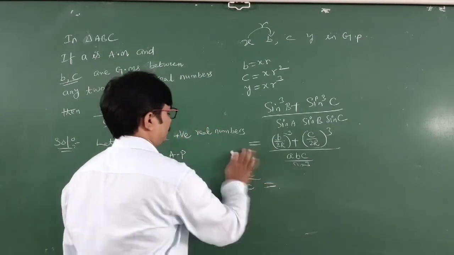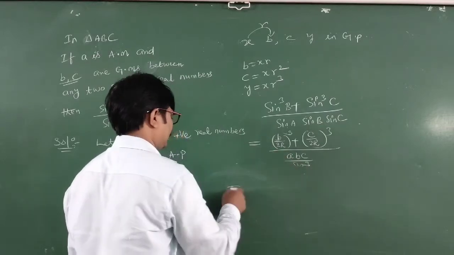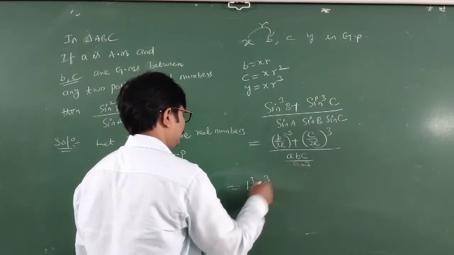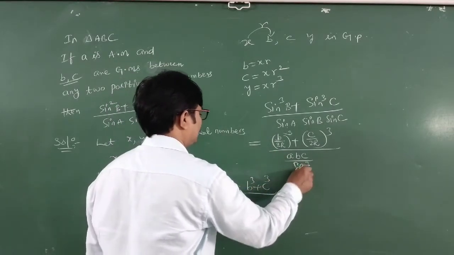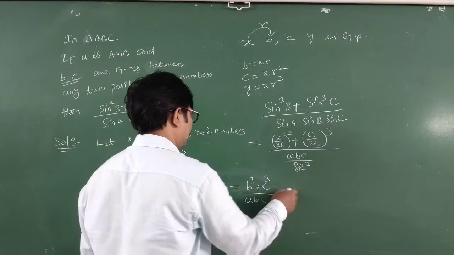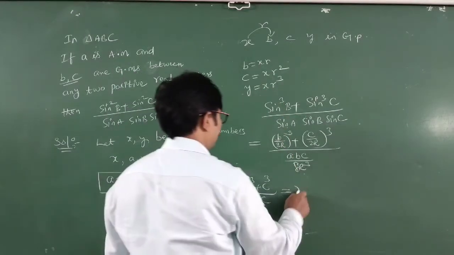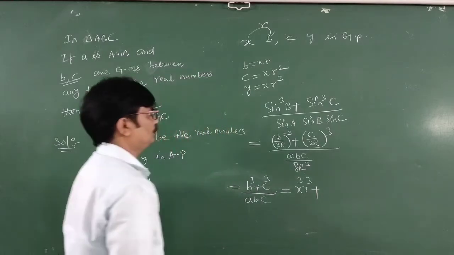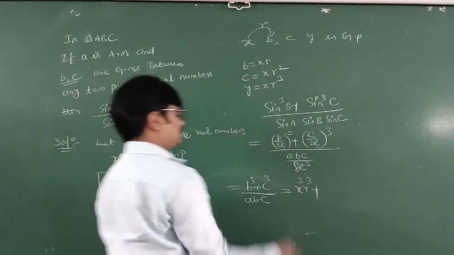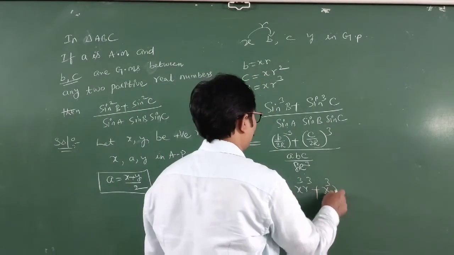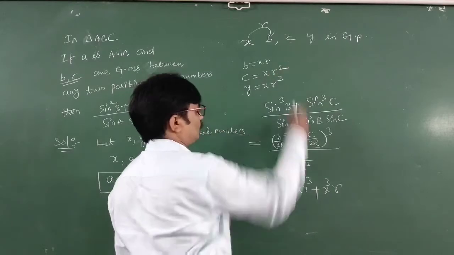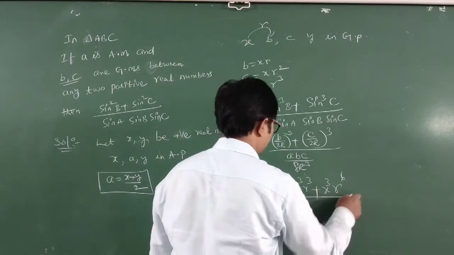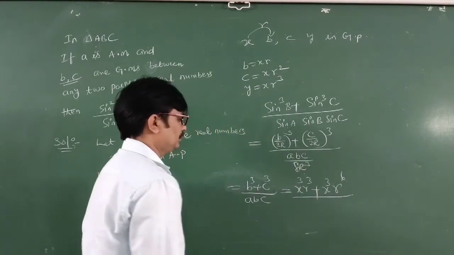We can write the remaining: b cube, c cube by LCM or cancel, abc are there. b cube is x cube r cube. After that, c cube is x cube r square whole cube, which is r power 6 upon a.